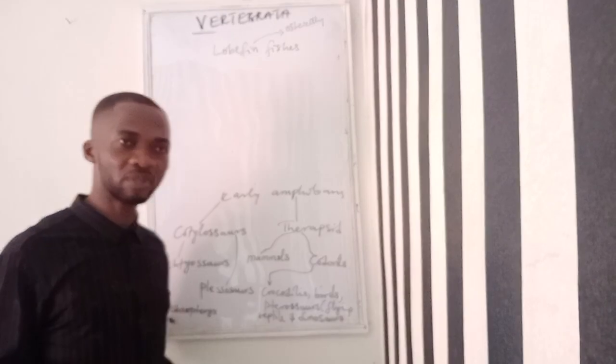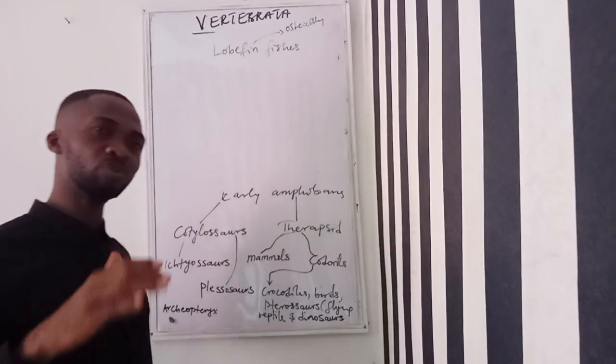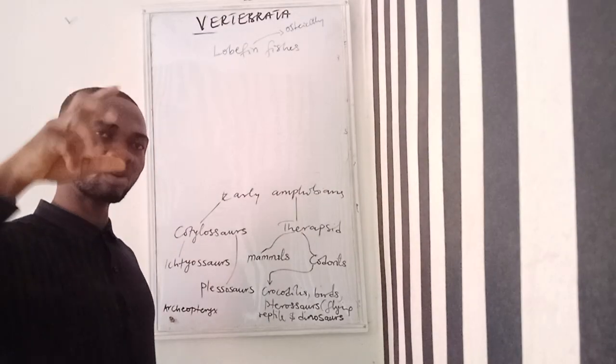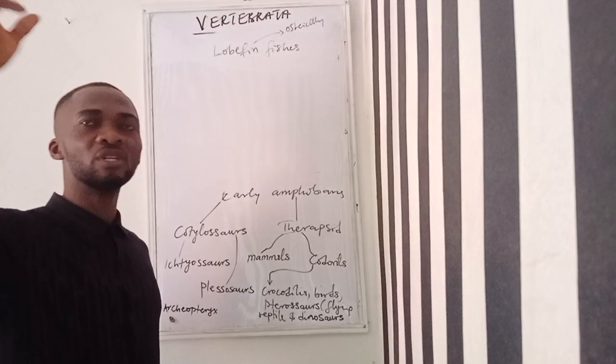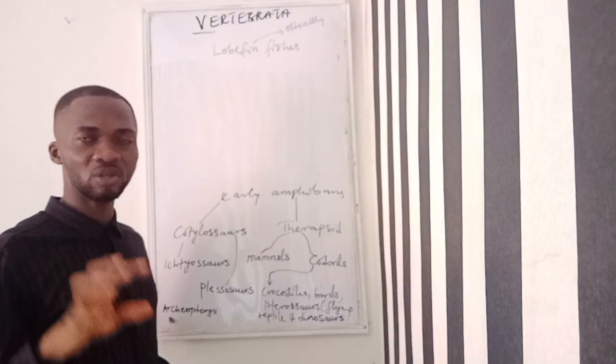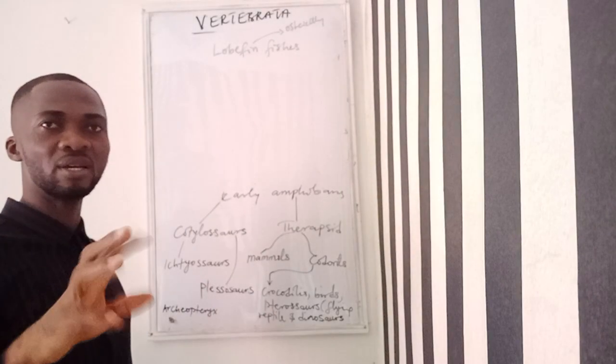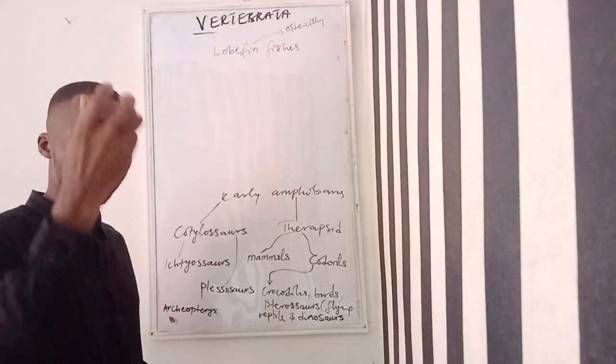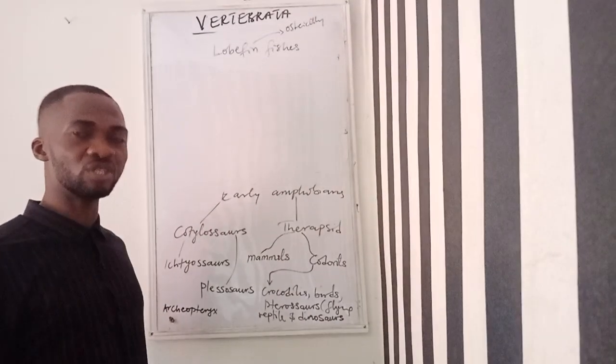For organisms that live in water, if they want to breathe, they come up, because the lung is not structured in such a way that it will take in oxygen while in water.